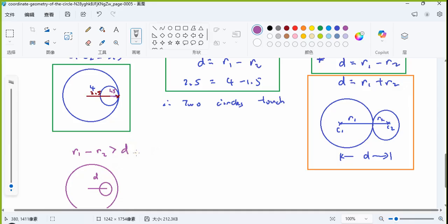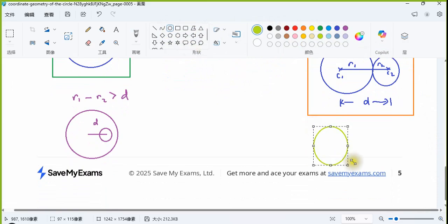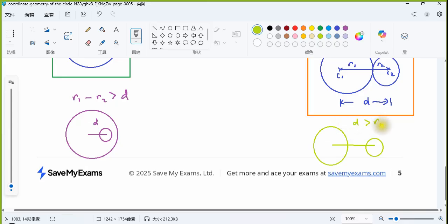And in a case like this, they also don't touch. We have a D here, so if D is greater than R1 plus R2, they don't touch.